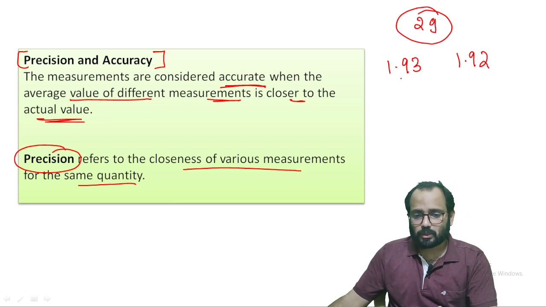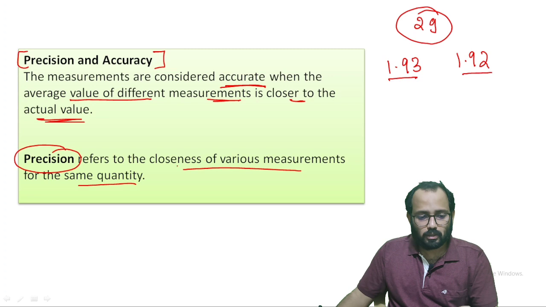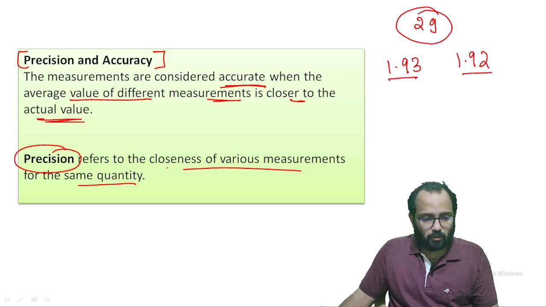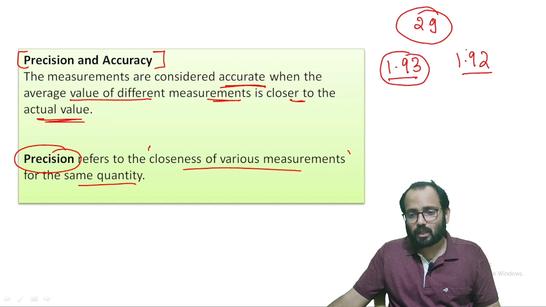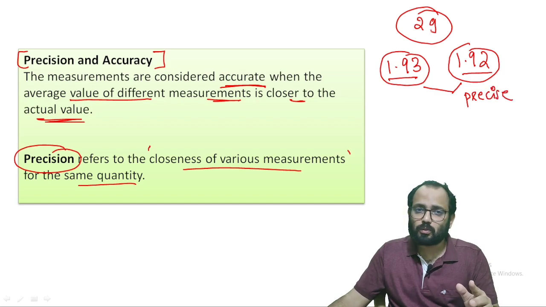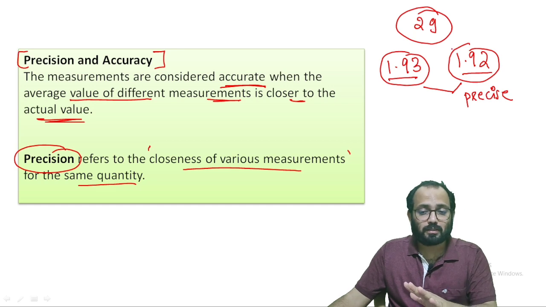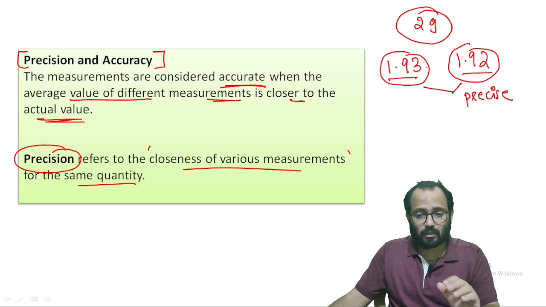Look at the statement: precision refers to closeness of various measurements for the same quantity. For the same quantity, I measured twice, and these two come close, so I can say these two are precise. But their average is not giving you 2, so your measurements are not accurate. You cannot say it is accurate.